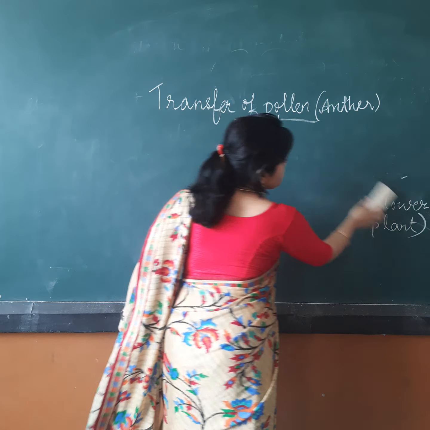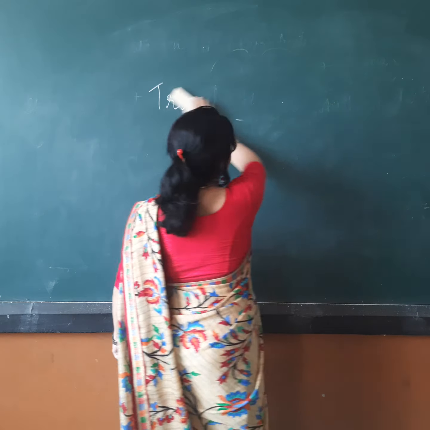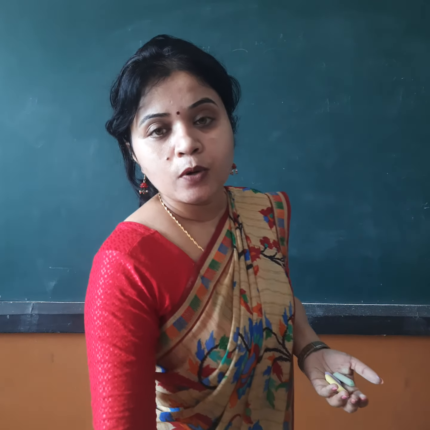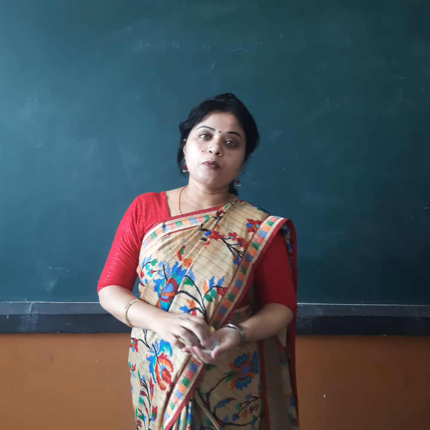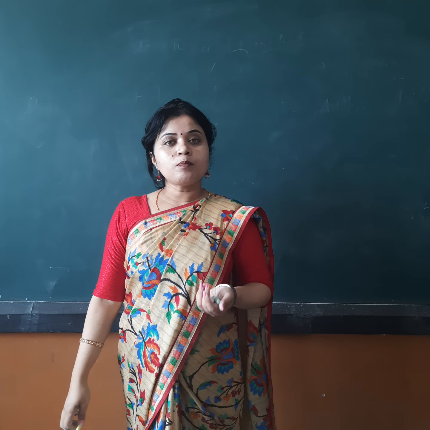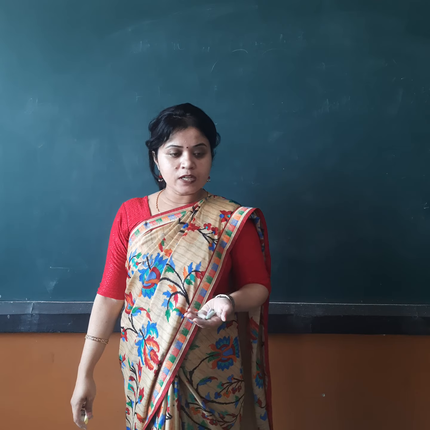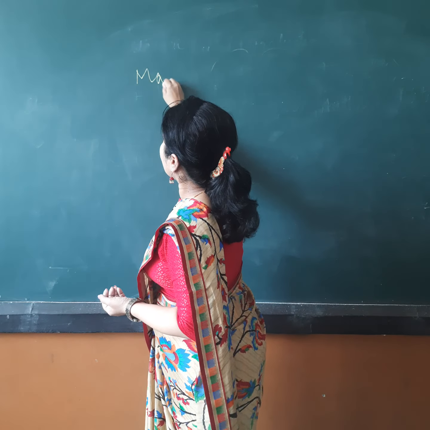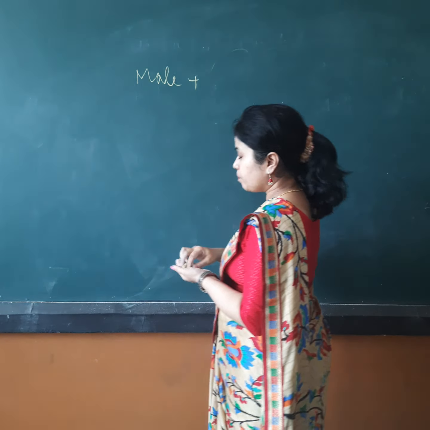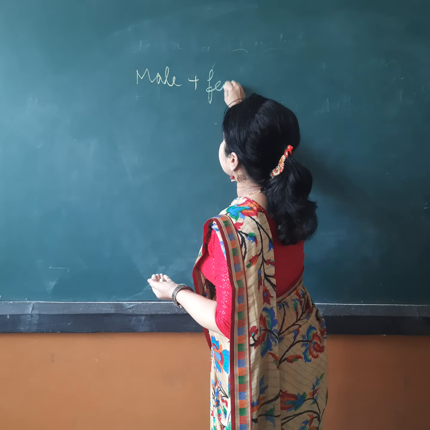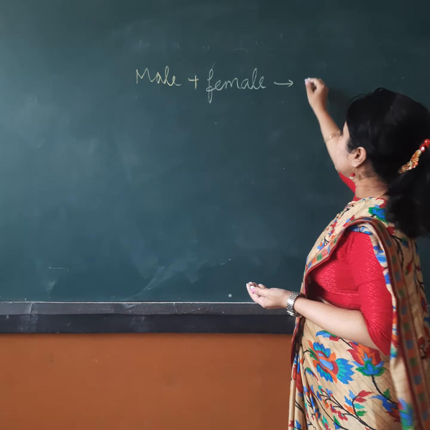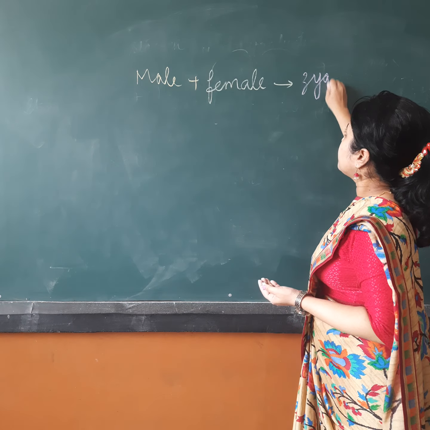Now we will come to the next topic, sexual reproduction in plants. How does sexual reproduction take place? As we know from the definition itself, sexual reproduction is the fusion of the male gamete with the female gamete, and as a result a zygote is produced.